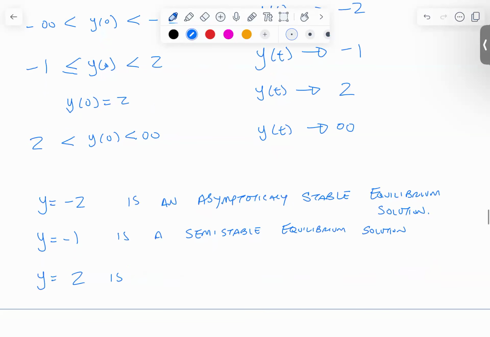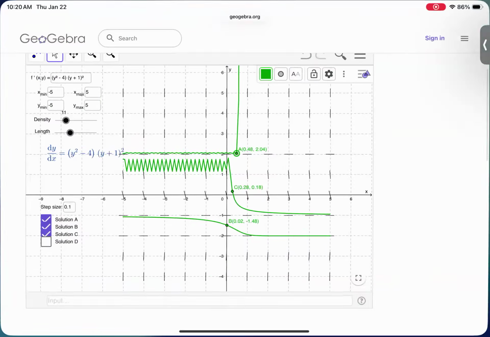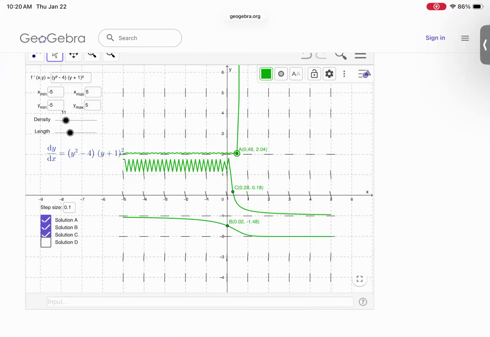All right, and then lastly, y equals 2. What kind of solution is it? Unstable. Everything's headed away. And again, don't get hung up on that.